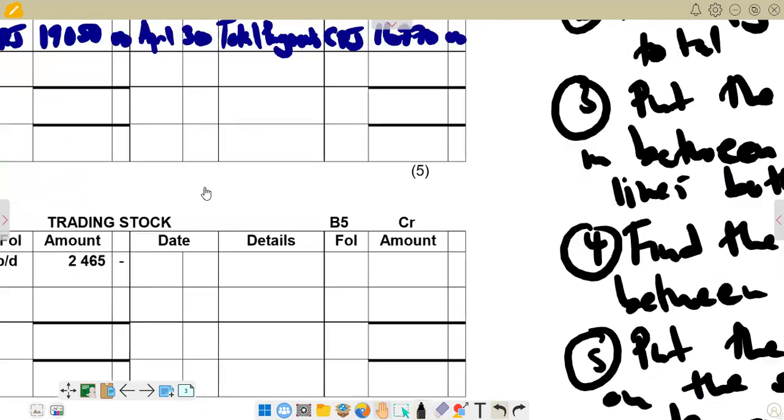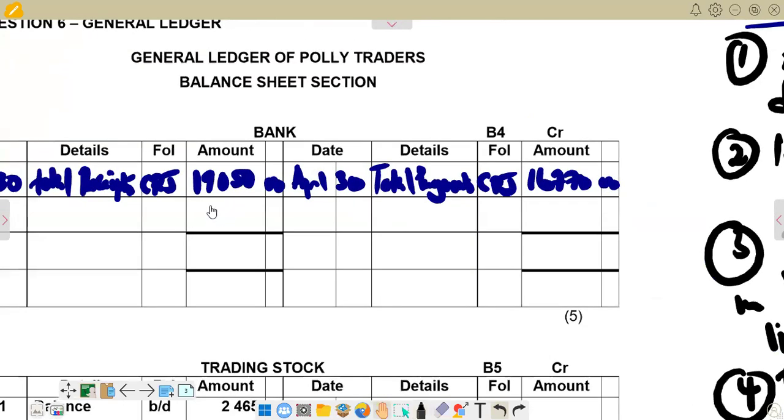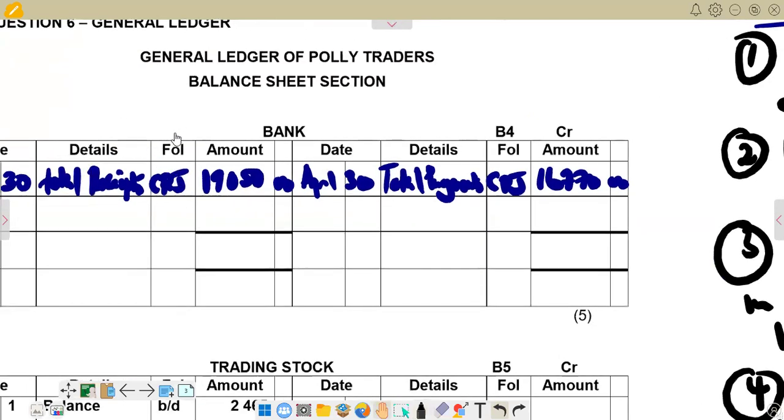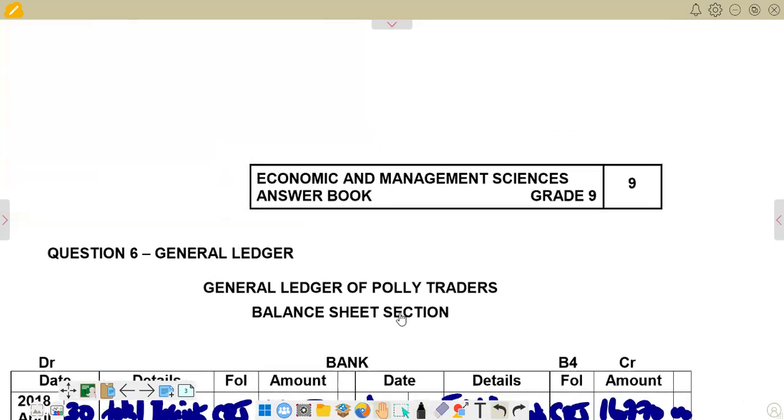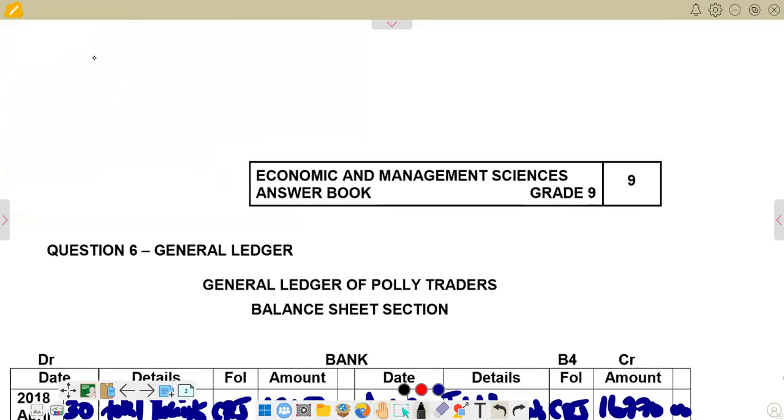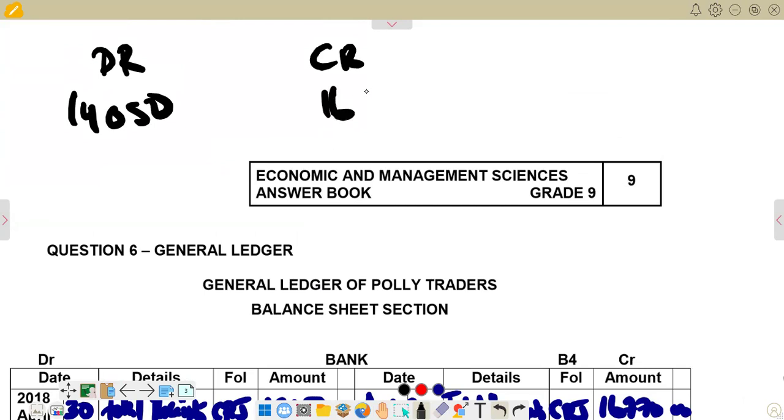So let's go to our bank account. You see that there we do not have many entries on the debit and credit. We only have one entry on the debit, one entry on the credit. The debit side has got a total of 19,050, and the credit side has got a total of 16,770.